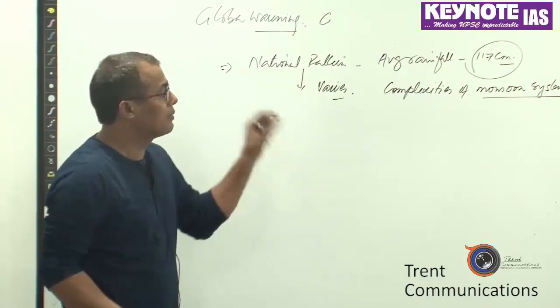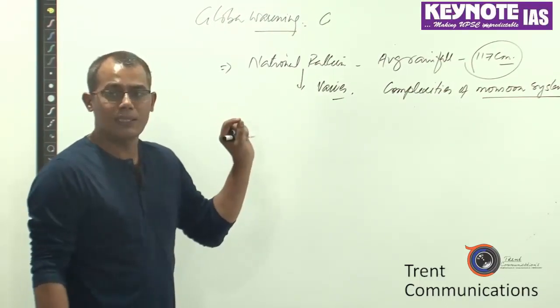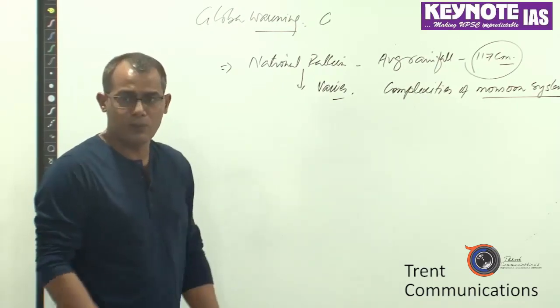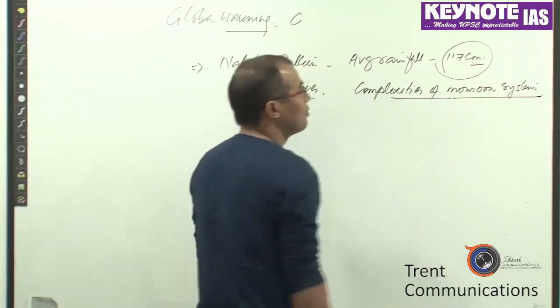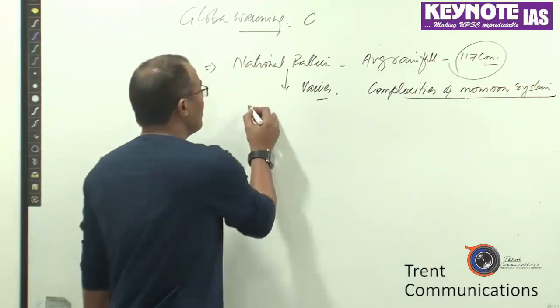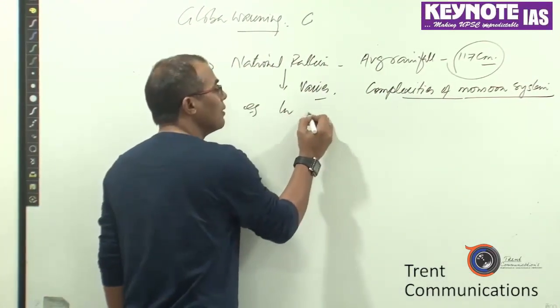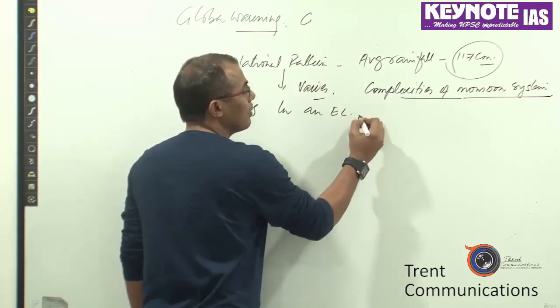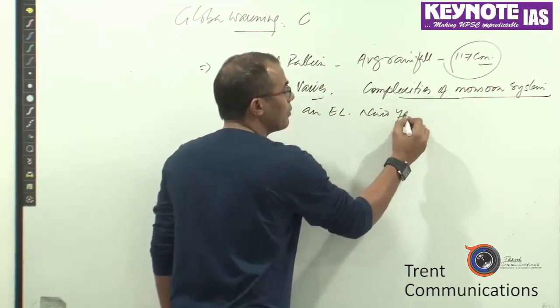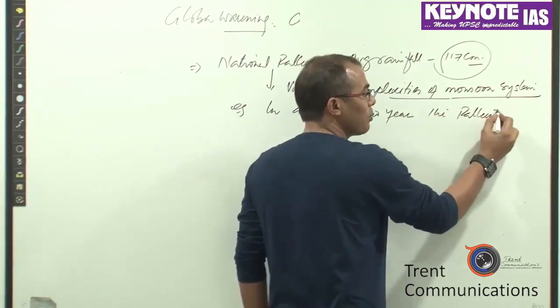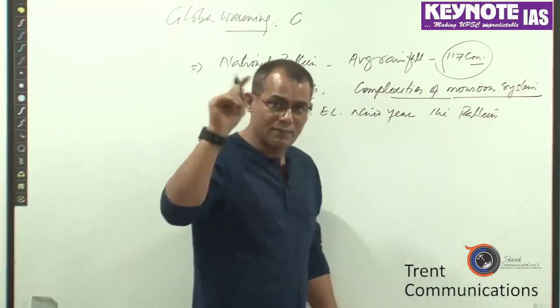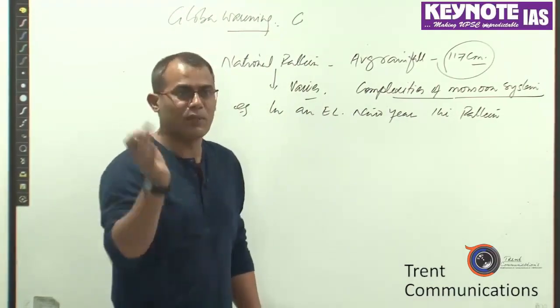So fundamentally it is variable because of the monsoon system, though we receive rainfall from other sources as well. But its complexities are associated with the monsoon system. For example, in an El Nino year, the pattern is different. Since you are talking about pattern, tell the examiner every time that I am talking about pattern. I am not talking about distribution.